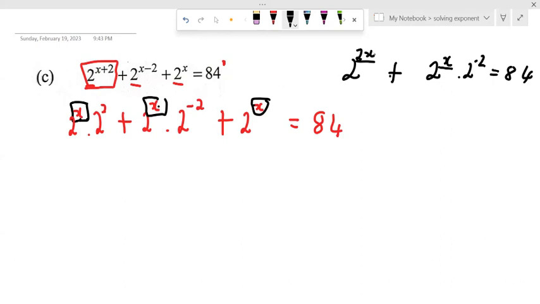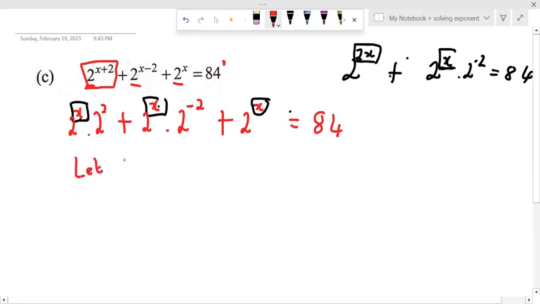There are instances where, for example, if I give you an example like this one, here you have 2x, and then here you have x. So the way we approach this question and the way we approach this question is different. This one, because the indices are the same, we might as well continue with the K method. So we might say let 2 to the power of x be equal to K. It means everywhere we see it, we'll have K multiplied by 2 all squared.